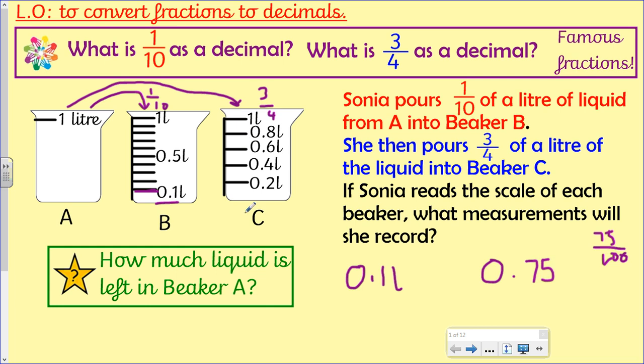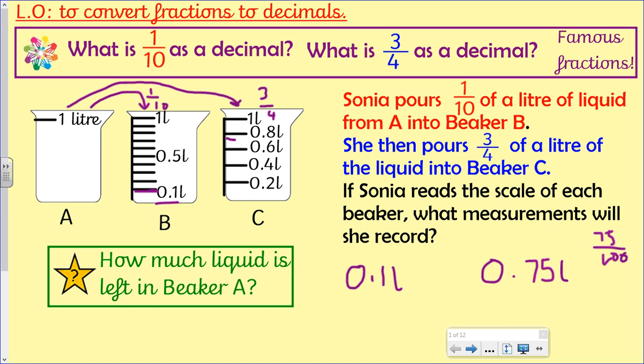So we're going up in 0.2s. So here in the middle would be 0.7. So 0.75 has got to be about 1/4 of the way along. Somewhere like that. 0.75. 3/4 of a litre.